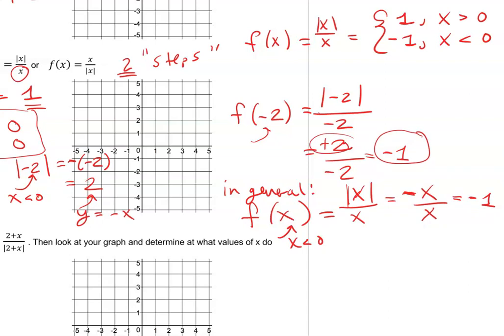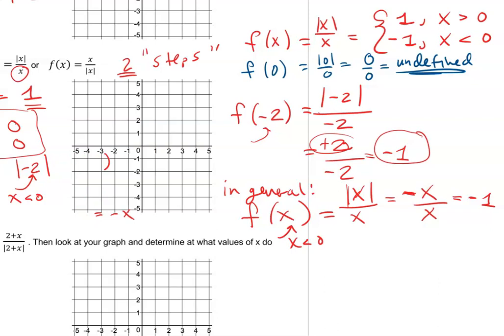Now notice I'm not including 0 in either of these intervals, because if I plug in 0 into this function, I would have the absolute value of 0 over 0, which is 0 over 0, which is indeterminate or undefined. So this function is undefined when x is 0.